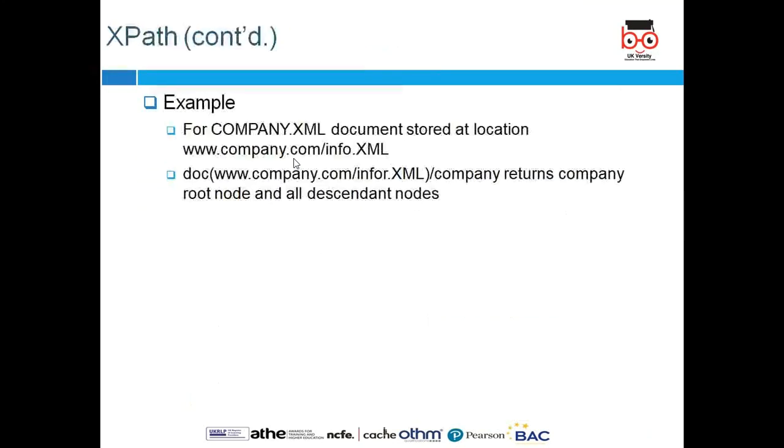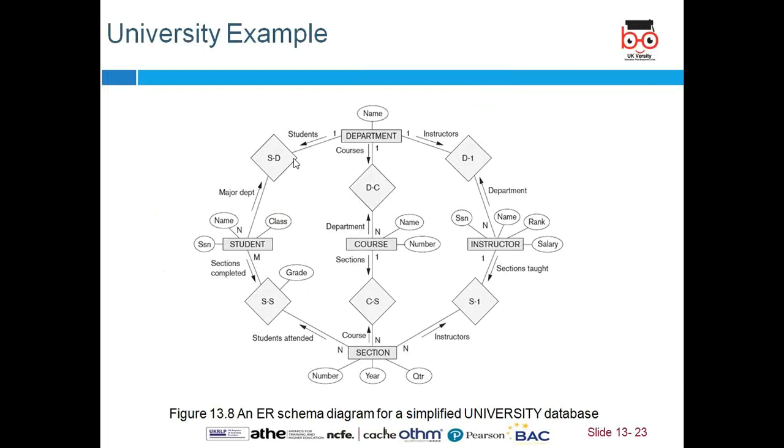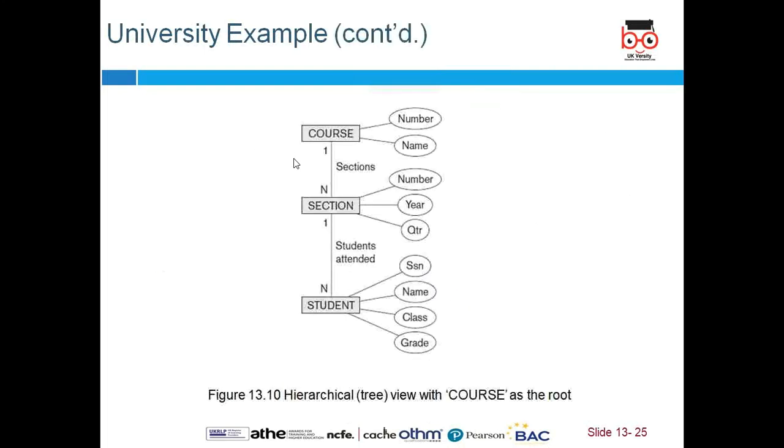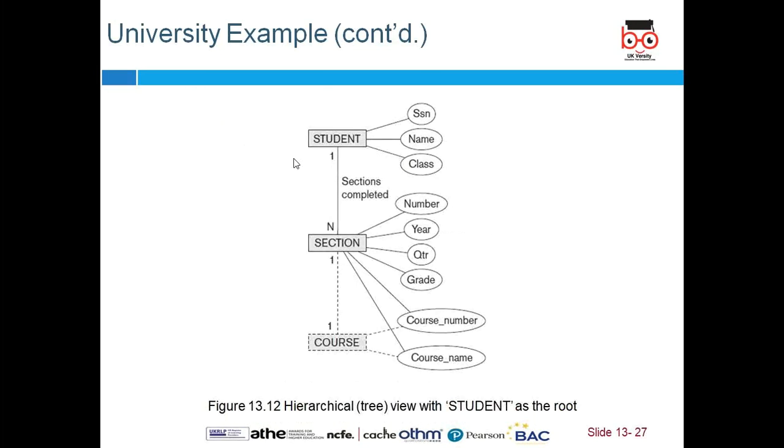And for example, in the next examples, if you created the university example, it is stored in the XML file. Here is a root, then you created, for example, the student, then the name of the student, section, and so on. Here a kind of table is stored for the university database in XML.